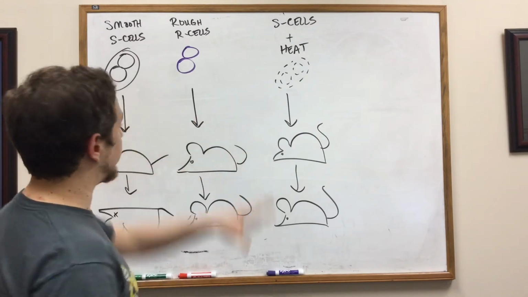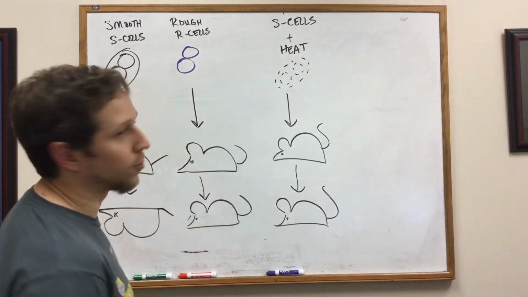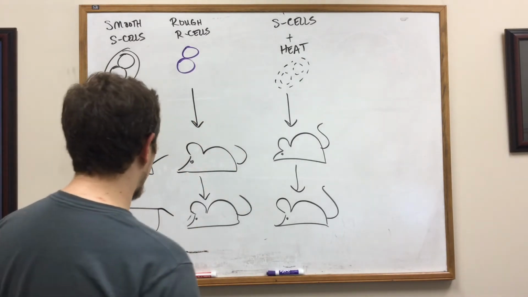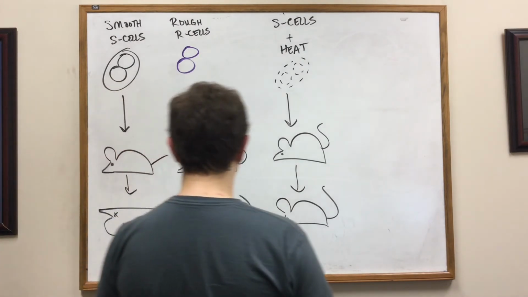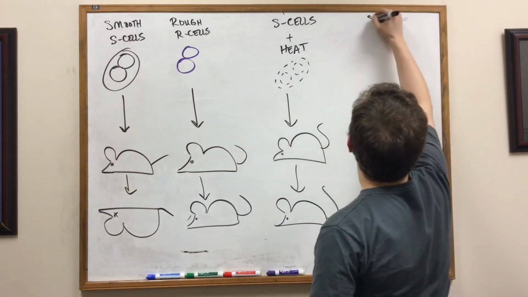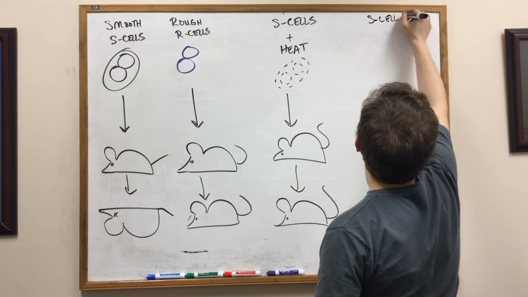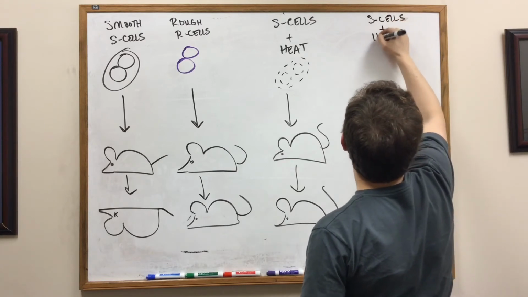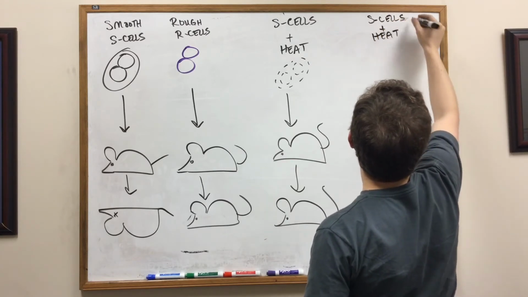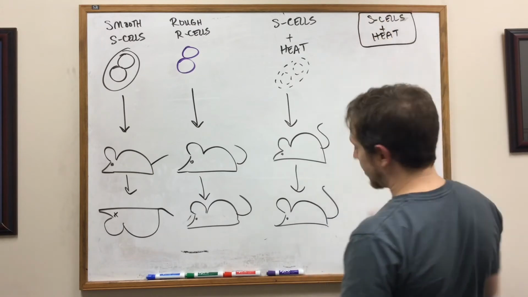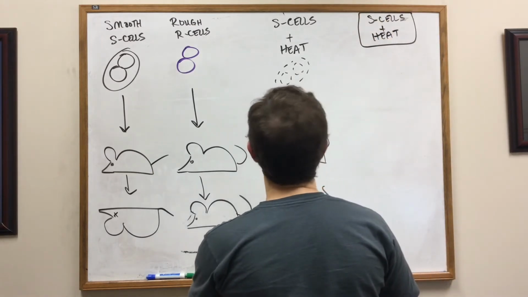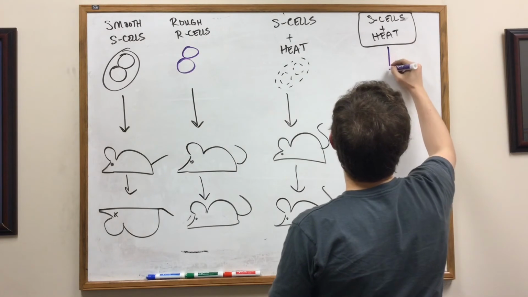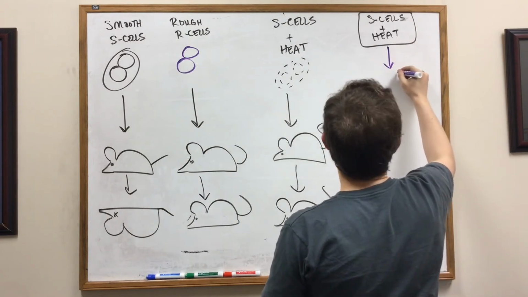And so these three controls were necessary for the researchers to perform the final part of this experiment. And so in this final part of the experiment, they took S cells, they heated them, thereby killing them. But before they added those to the mouse, they added them to some R cells.